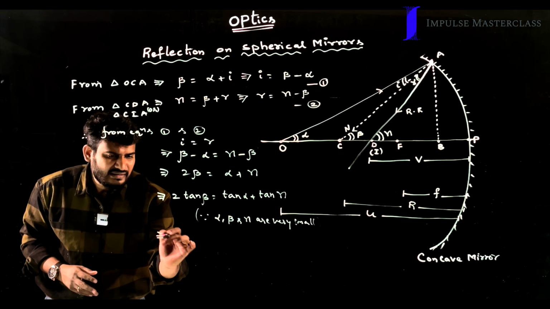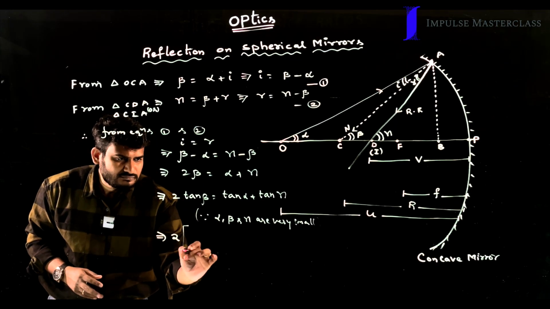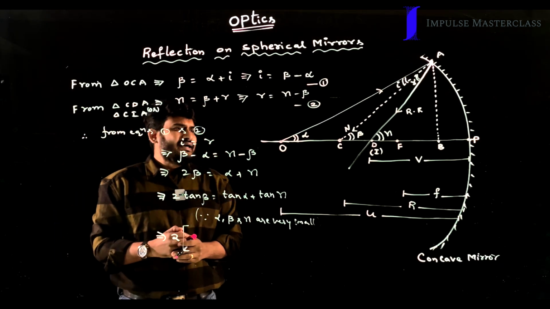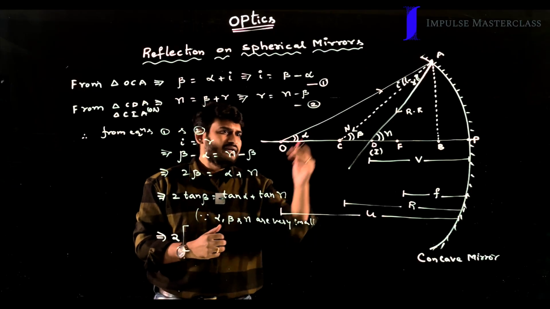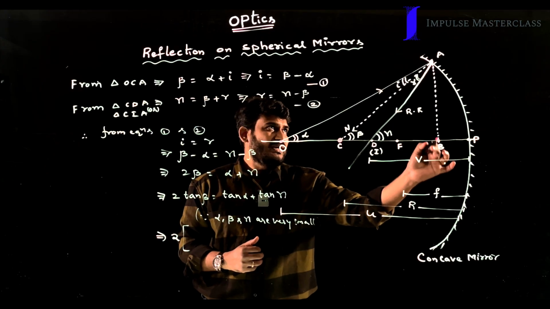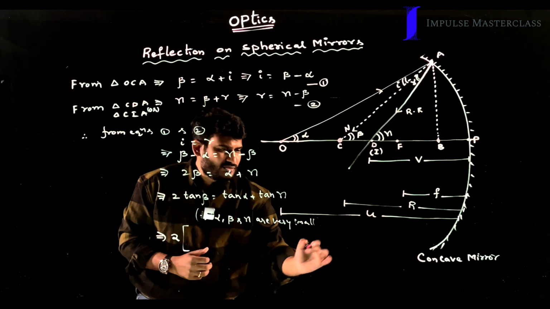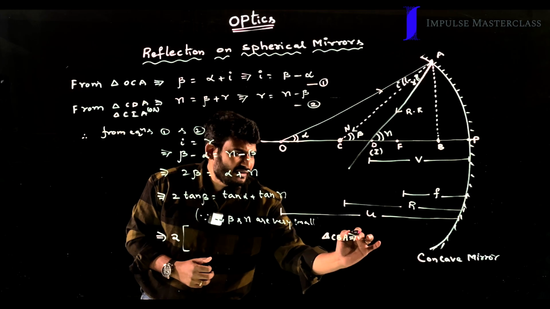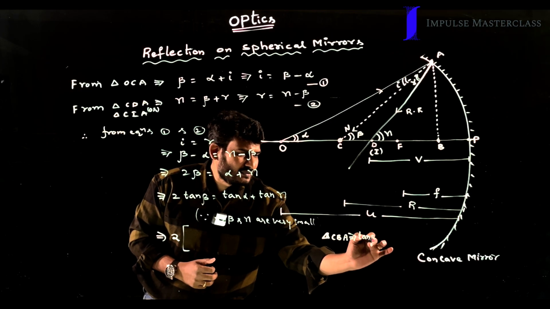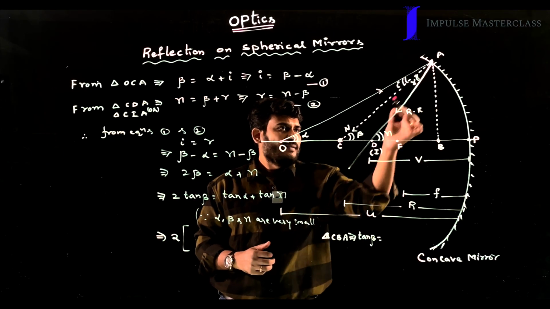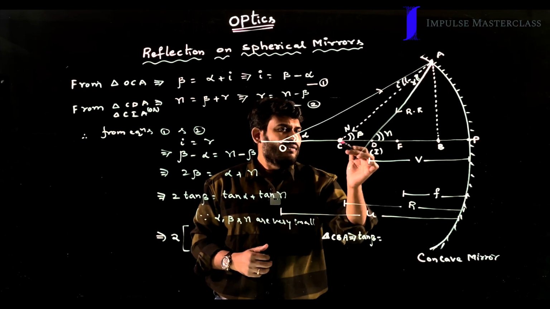Now, at this position, 2 into tan beta. What is tan beta? Look at the right angle triangle CBA. This one is C, this one is B, this one is A. From right angle triangle CBA, what is tan beta?